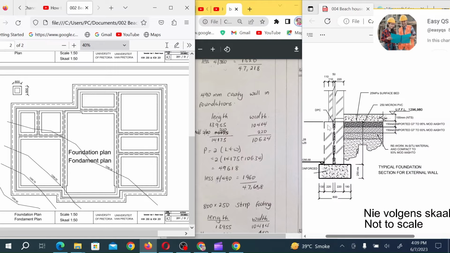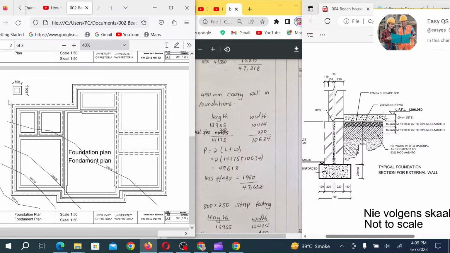Alright, so we want to find the total length and the total width of the foundation wall. If we use this plan, it can show us better. Remember, the foundation wall is shown by the broken line. So we want to find the perimeter of that foundation wall using that broken line. So what is the total length?